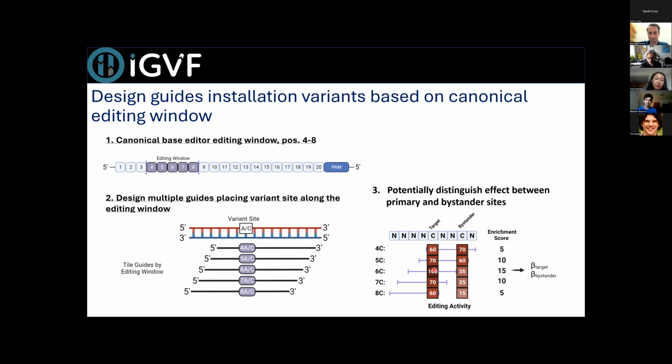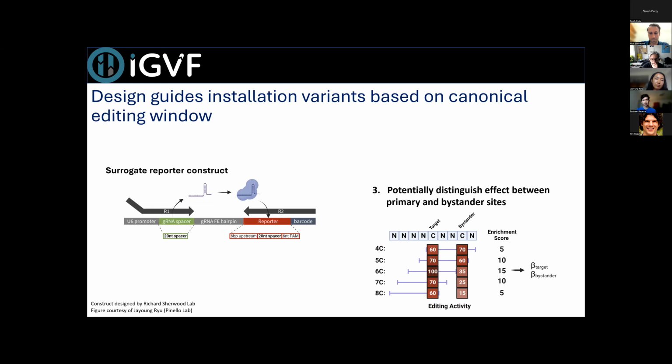Theoretically, since the editing window changes for each guide, you will get varying editing activity at each site for the different guides. So when you measure your phenotypic enrichment score, you may be able to perform linear modeling to distinguish the effect size between the target and the bystander. Whereas if you only use one guide, you wouldn't be able to distinguish between those 2 effects.